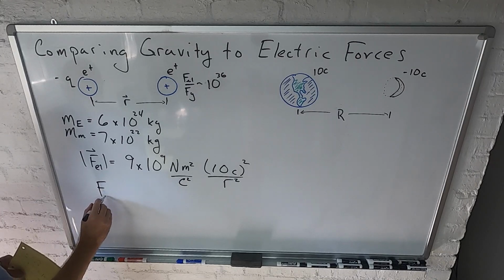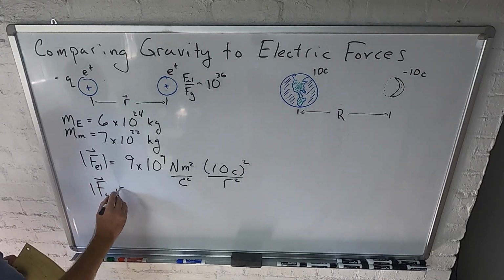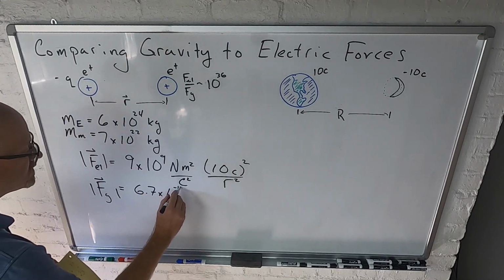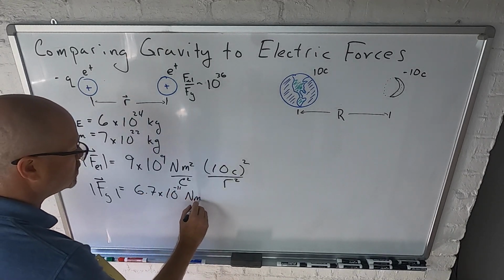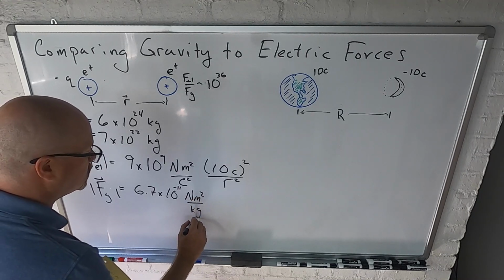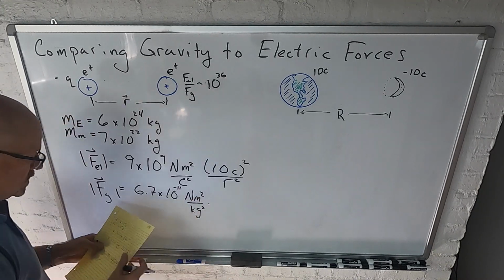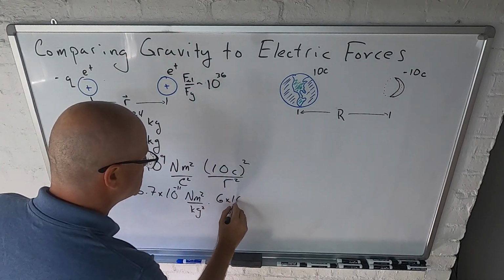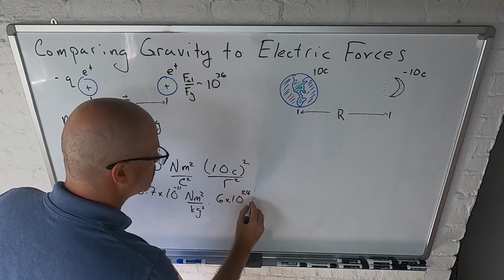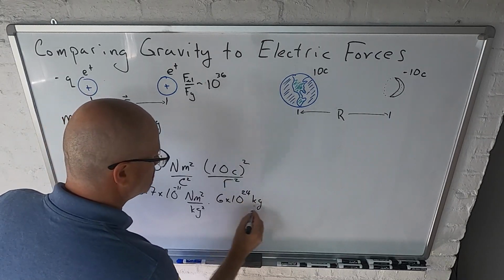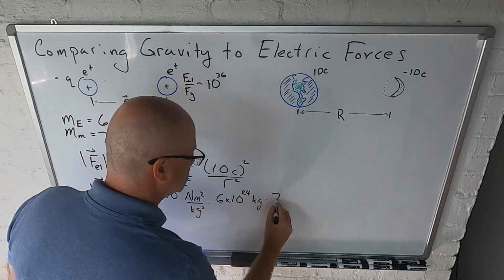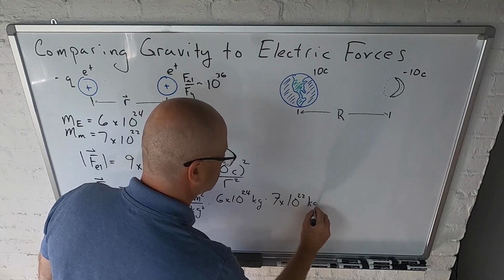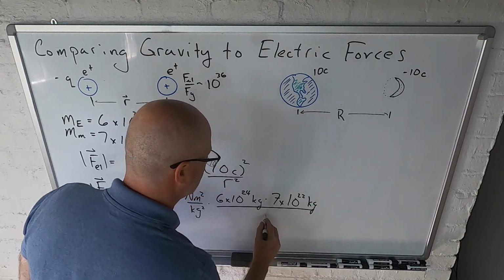This is now going to be F gravity. Okay, so we have 6.7 times 10 to the minus 11 newton meter squared per kilogram squared times, well, 6 times 10 to the 24 kilograms times 7 times 10 to the 22 kilograms divided by R squared.